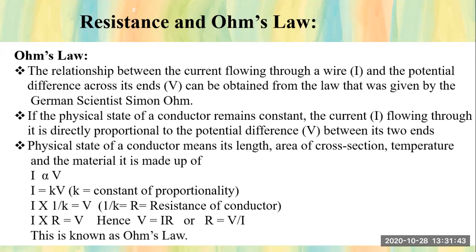Now see the two topics I have taught you: electric current and potential difference. The relation between these two is stated by a law, and that law is given by the German scientist Simon Ohm. Now we will see what he has stated.